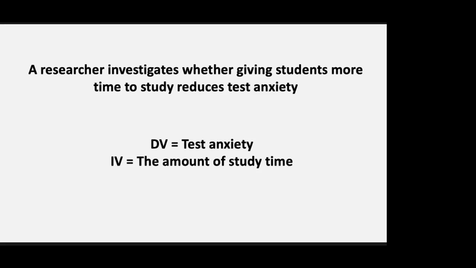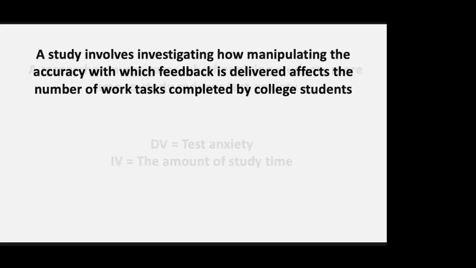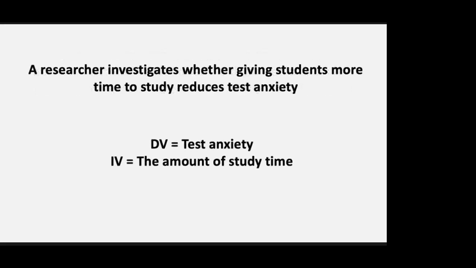Some extraneous variables that might happen in this study, or confounding variables, right, that could affect your findings would be things like temperature of the room. Did you always keep the temperature of the room the same? Or was it constantly changing, right?